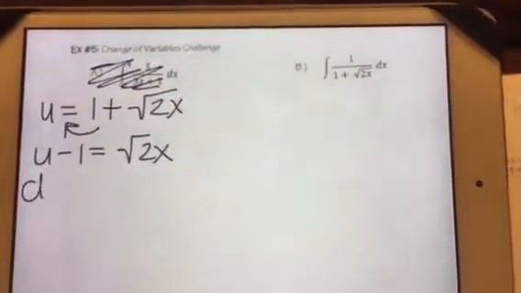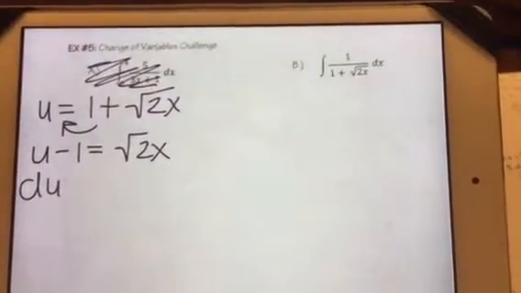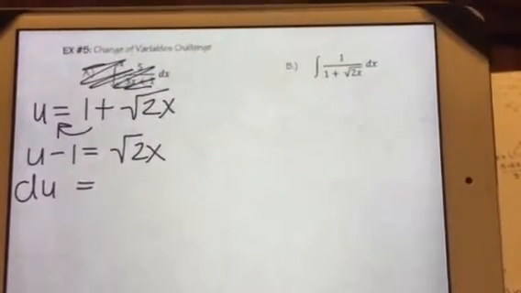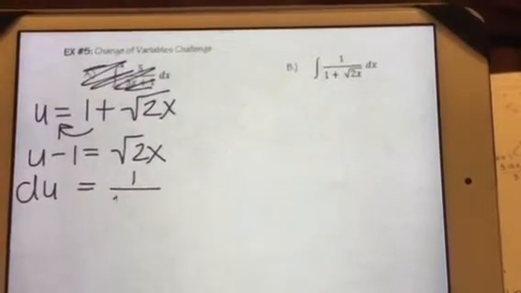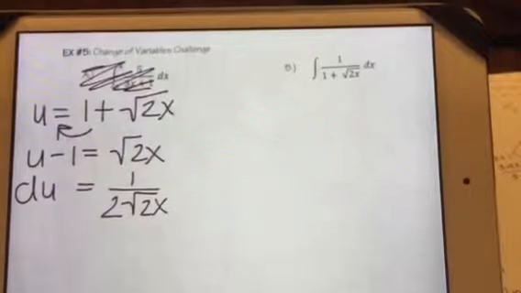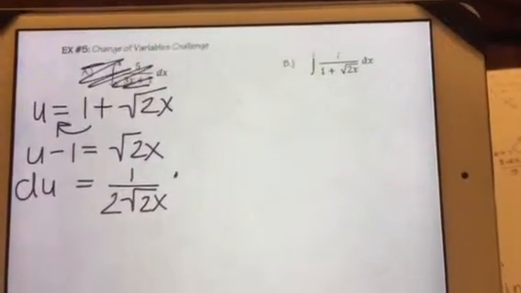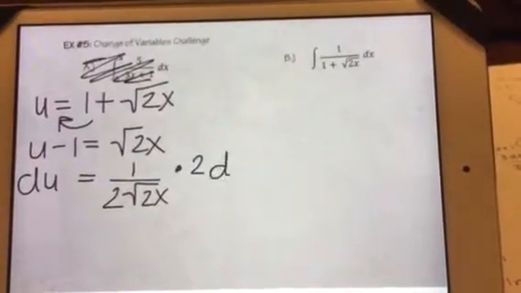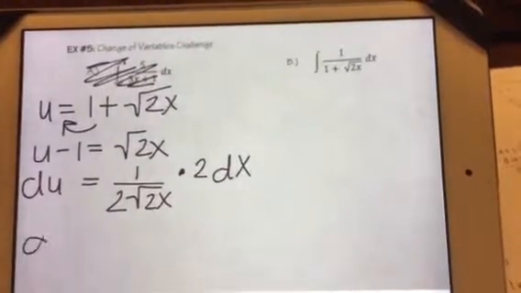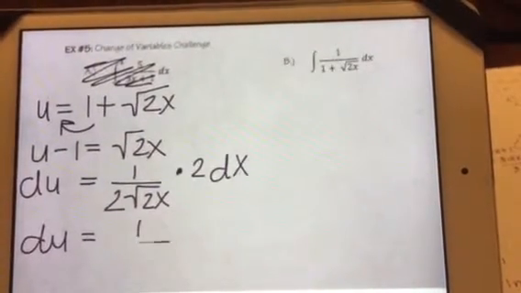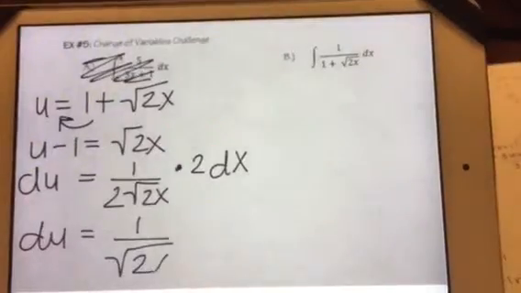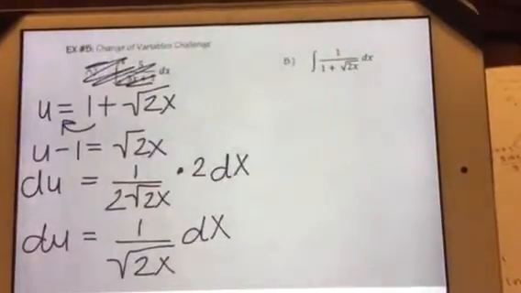Take the derivative of both sides, so du will equal 1 over 2 square root of 2x times the derivative of the inside because it's chain rule, which then simplifies to du is equal to 1 over square root of 2x dx.